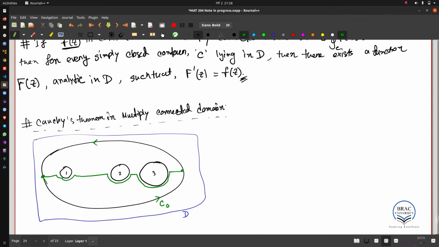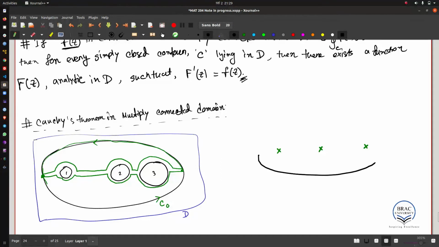This is one way, and then you start from here, you go like this, again avoiding these holes. You can do it like this, or let's say these are our holes, 3 holes. I want to draw them first. Then you start from, let's say here, go like this, then make a small circle, I mean a semicircle like this. The drawing is not very accurate, sorry about that.